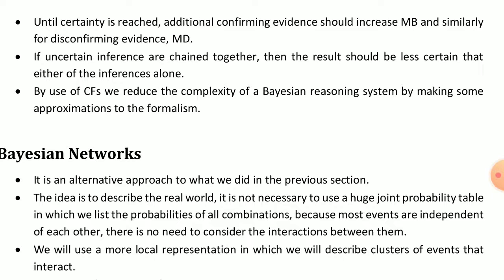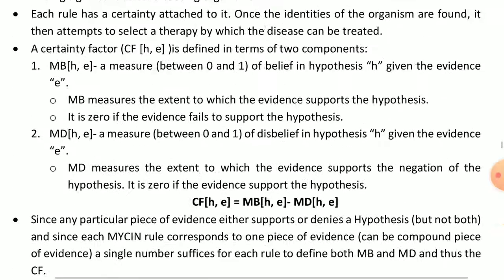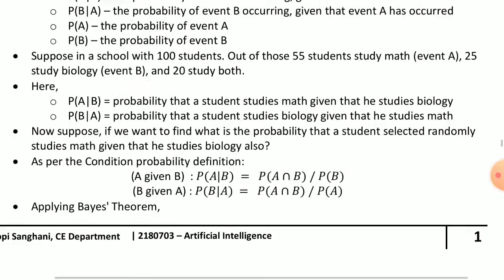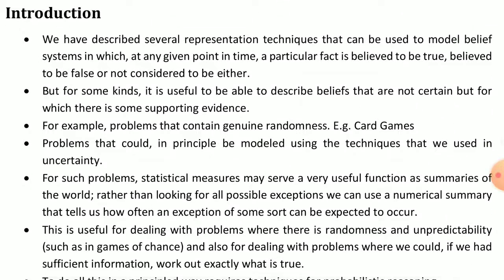So here our topic is completed, certainty factor and rule based systems. Now I will revise the topics which were completed in unit number 5. Unit number 5 is probabilistic reasoning. In this unit 5 I started with the basic introduction, and we took one example, card game.